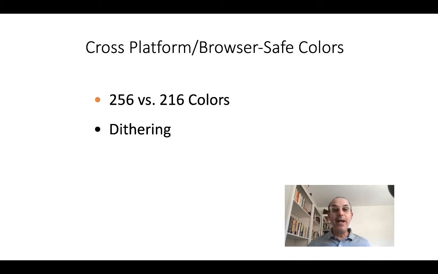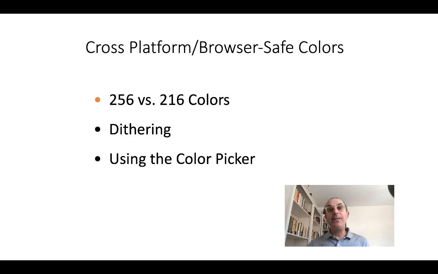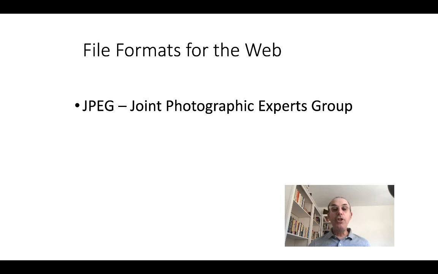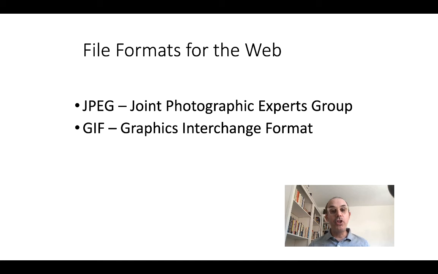So this is an issue that needs to be applied. Using a color picker is something that is often used, and the idea of how to apply it and how to do that. The file formats of the web. JPEG, as I said before, is usually great for photographic pictures.